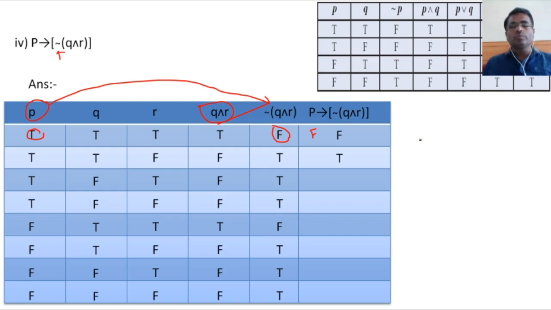So if the first statement is true and the second statement is false, then only the resultant is false. For all other combinations it is true. So we will observe that again this is neither a tautology nor a contradiction, so it is a contingent statement.